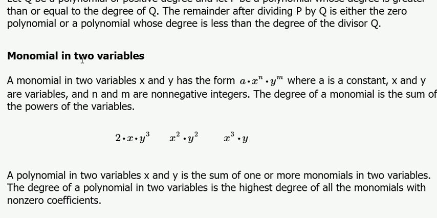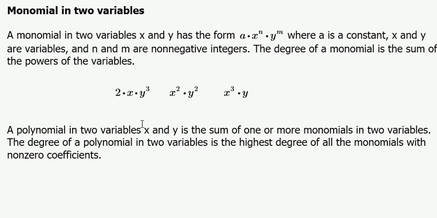Monomial in two variables. A monomial in two variables x and y has the form a times x raised to the power n times y raised to the power m, where a is a constant, x and y are variables, and n and m are non-negative integers. The degree of a monomial is the sum of the powers of the variables.